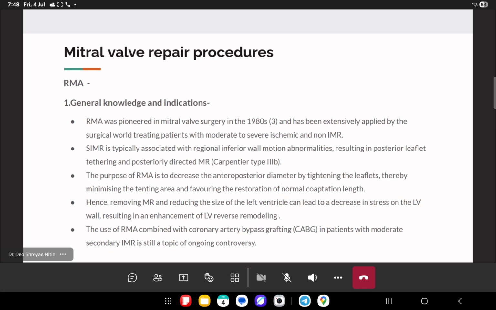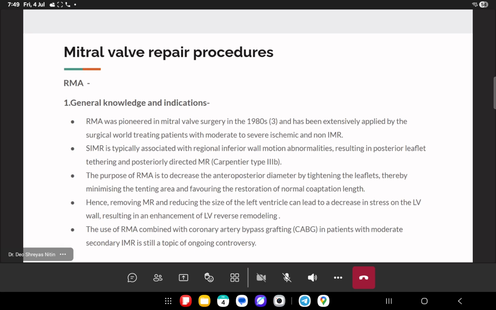Moving on to mitral valve repair procedures: restrictive mitral annuloplasty, or RMA, was pioneered in mitral valve surgery in the 1980s and has been extensively applied by the surgical world, treating patients with moderate to severe ischemic and non-ischemic mitral valve regurgitation. Secondary ischemic mitral regurgitation is typically associated with regional inferior wall motion abnormalities, resulting in posterior leaflet tethering and posteriorly directed mitral regurgitation.